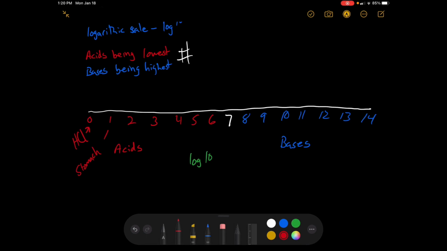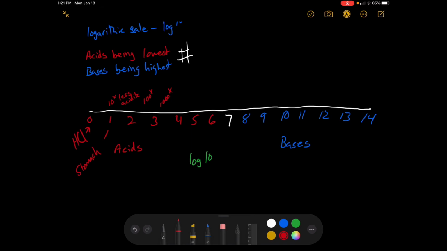Stomach acid is going to be 10 times less acidic in nature. And as you keep going, this is going to be 100 times, and then 1,000 times. So the log 10 scale makes recognizing acids and bases and doing calculations much easier. So I wanted to introduce you to the pH scale here.